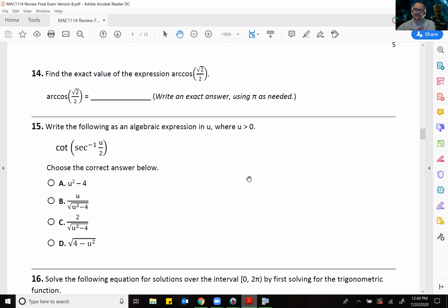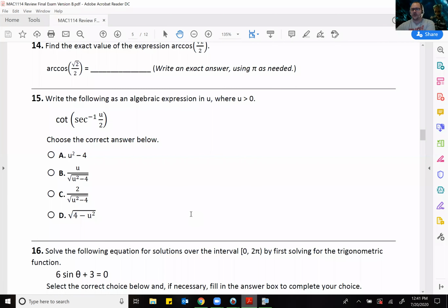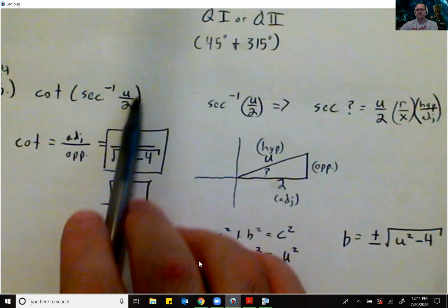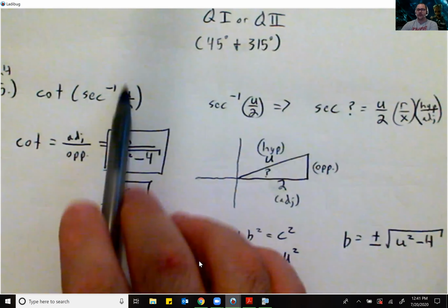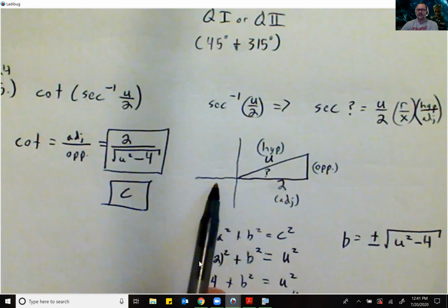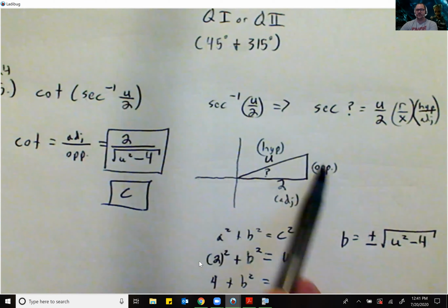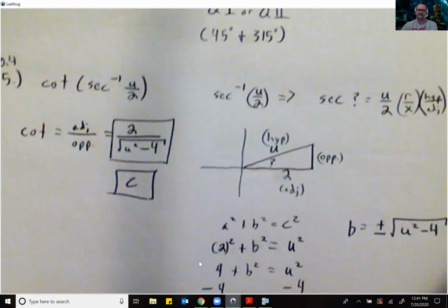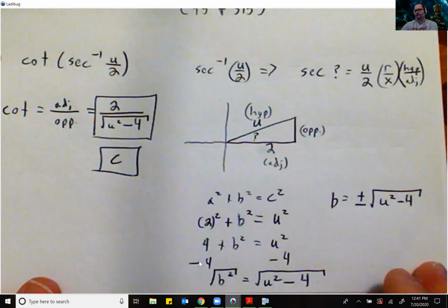All right, with that being said, moving on. Just to recap, on that one I used this inverse to create my triangle, and then from there I had to solve for the opposite to make my equation. So keep that in mind.